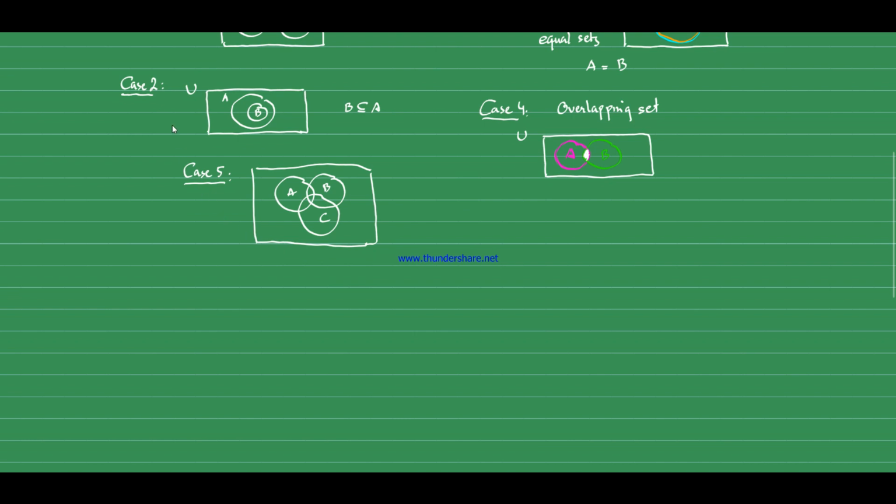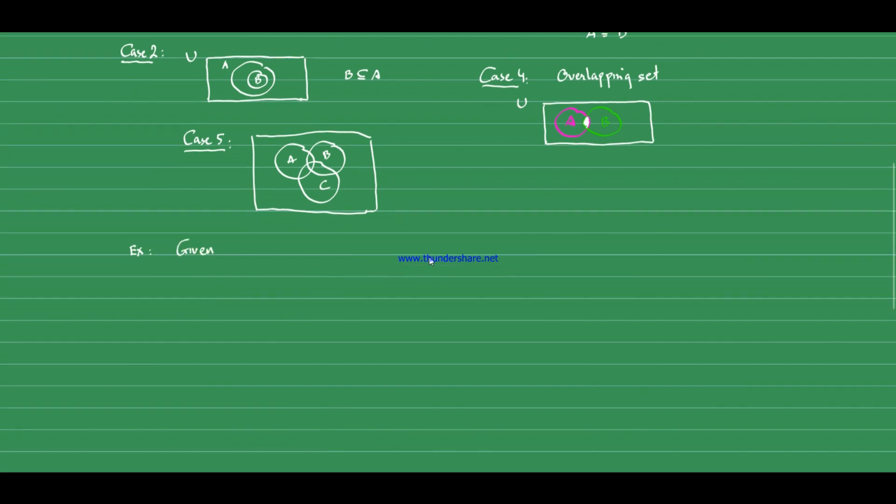Now let me start our first example. Example number 1. I have a Venn diagram like this given. Let's draw a Venn diagram.